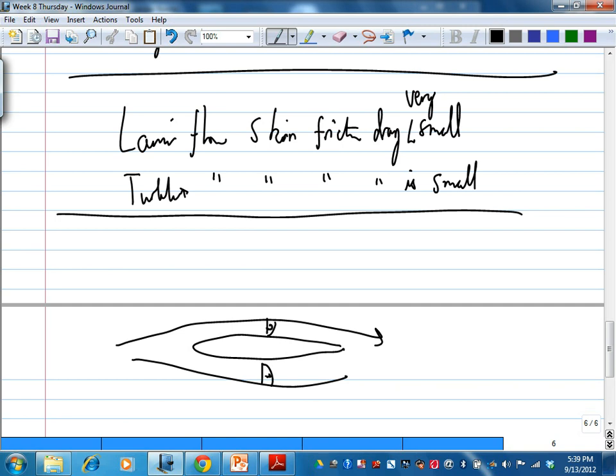So we expect the drag to be dominated by skin friction.